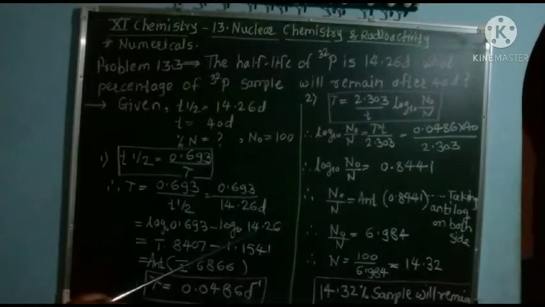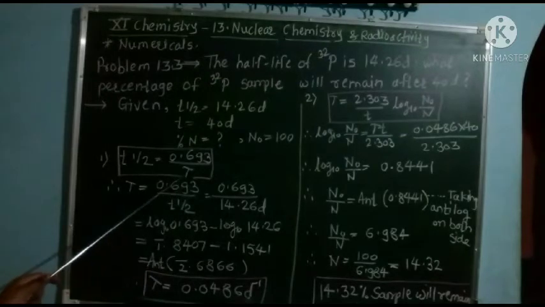For 14.26, there are 2 digits, minus 1, there is 1. And log of 1426, we have 1541. If we subtract both the numbers, then it is 6866. Then we have to see the antilog. The antilog will be 0.0486.